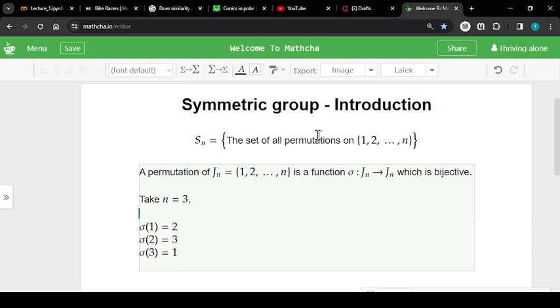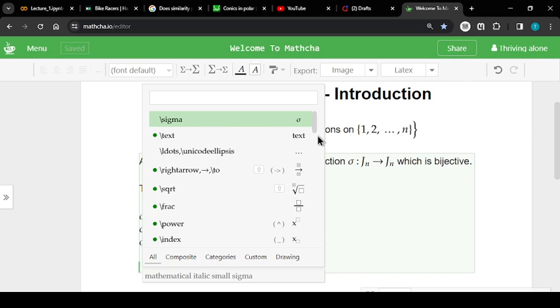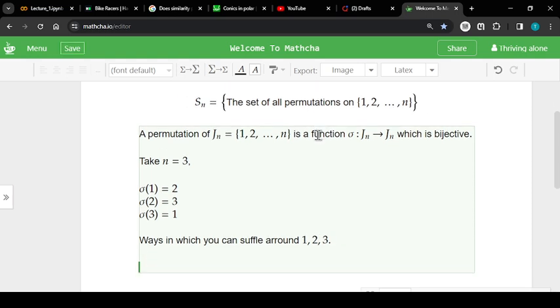So that's a bijection from J_3 to J_3. Now, the way we were introduced to permutations, likely in probability, is the number of ways in which you can shuffle around 1 to 3. You can see that it's basically the same.